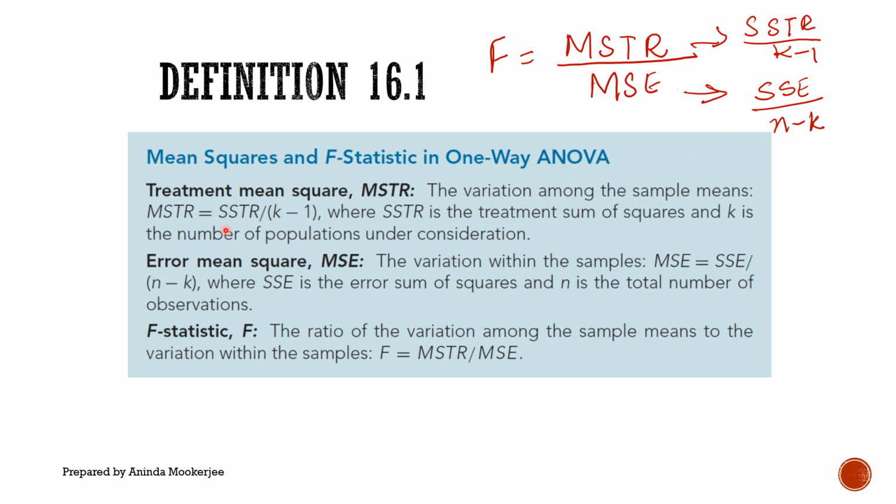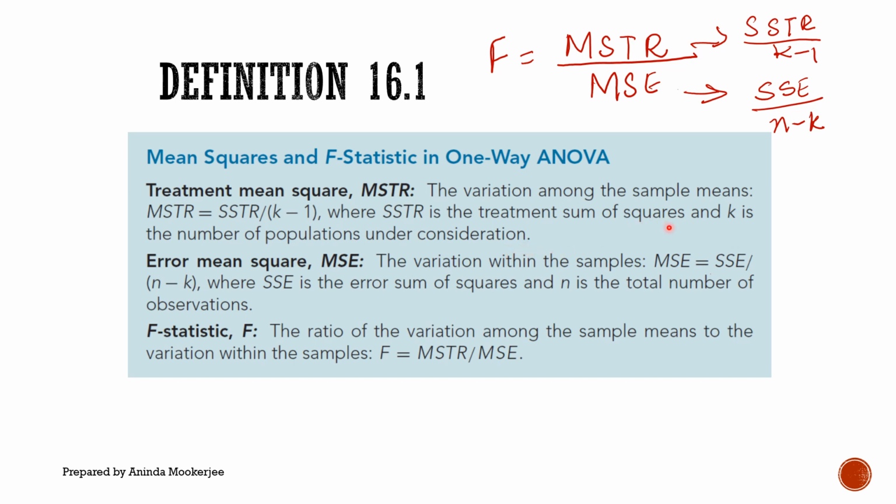All right, so let's read through it. Treatment mean square, or MSTR, is the variation among the sample means. MSTR goes with this formula, SSTR divided by K minus 1, where SSTR is the treatment sum of squares and K is the number of populations under consideration.